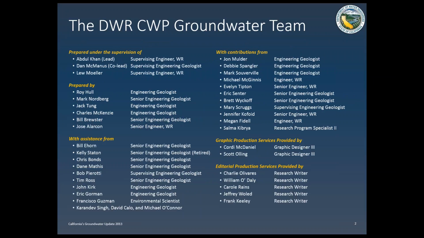The California Water Plan was developed over the last couple of years, and we've been working under the direction of Abdul, Dan, and Lou. The team was a very large team, and it was made up of several members from across all the regional offices, along with the integrated regional water management and other organizations throughout the DWR.